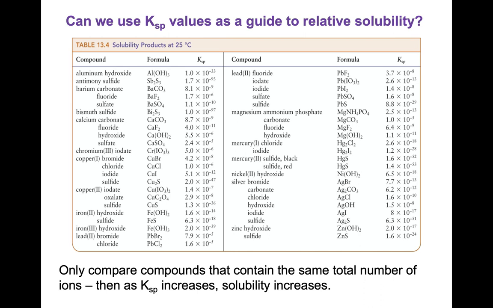There are more K values in Appendix 5. So there's KAs and KBs and KSPs in that table in the back of your book in Appendix number 5. If you're looking for those, say when you're doing SmartWork problems, you will find values for KSP in Appendix 5.